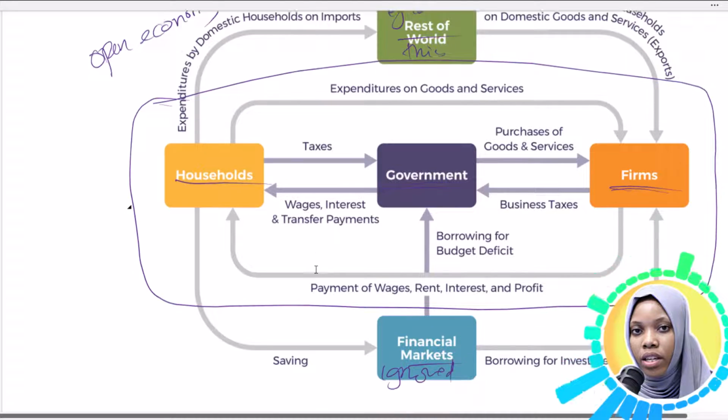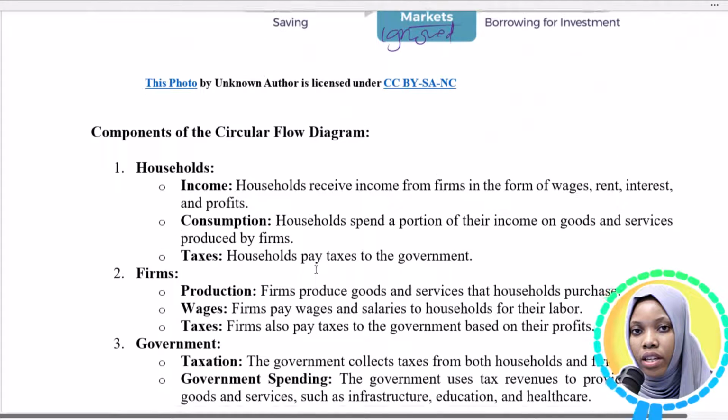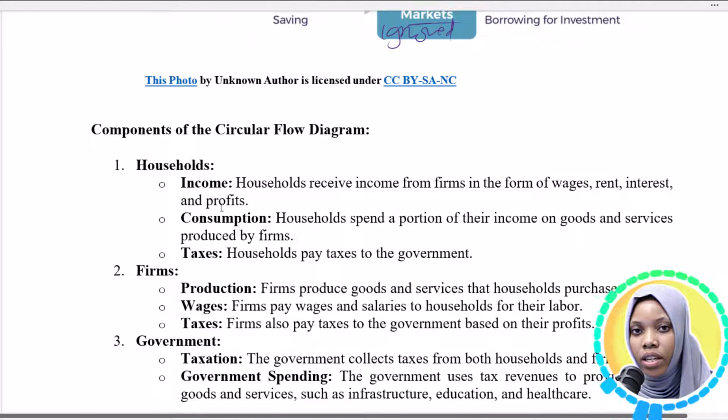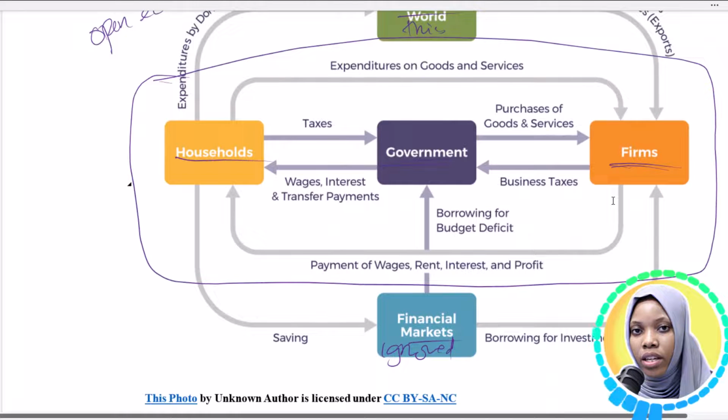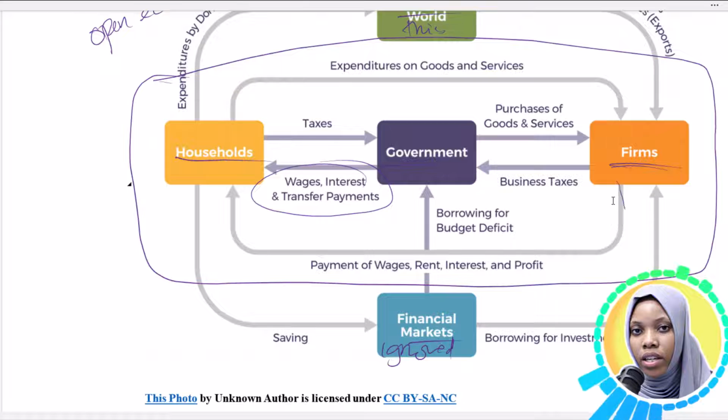So how is this done? The households receive income from firms in the form of wages, rent, interest, and profits. So the households receive this from the firm, like this.